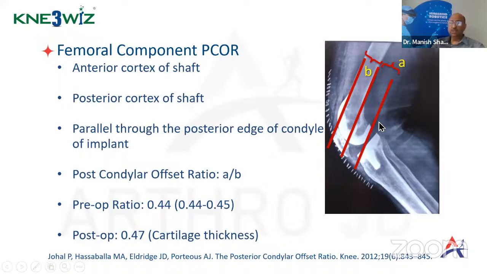Because when we look at the X-ray with the implant in, the implant already has that cartilage thickness. When we replace, we account for the amount of bone and cartilage removed. And that is why a pre-op ratio of 0.44 becomes a post-op ratio of 0.47.